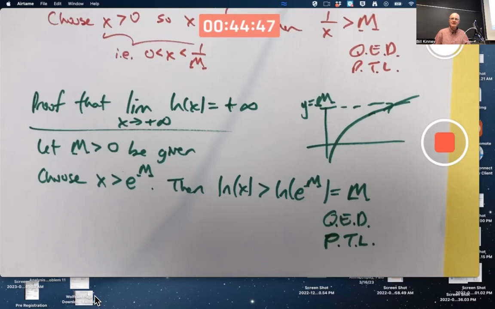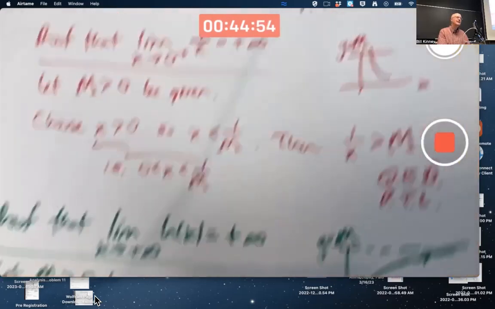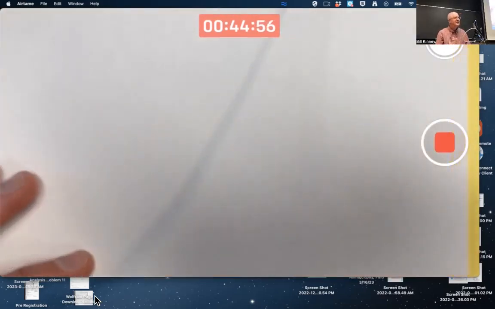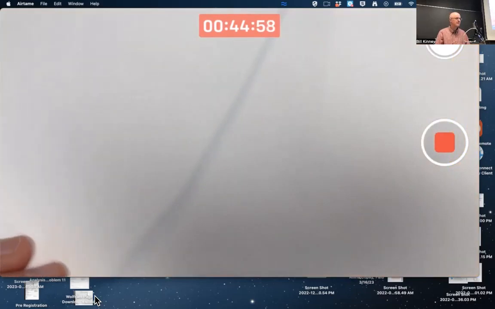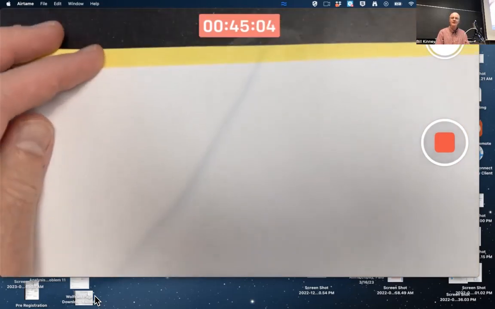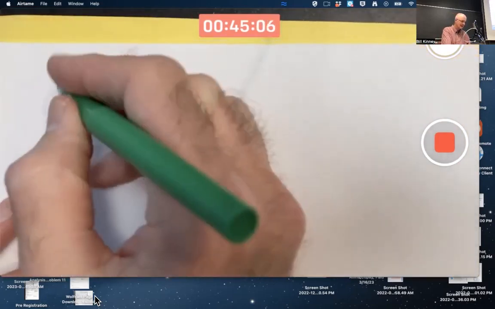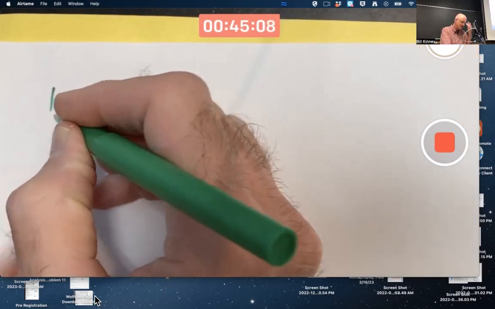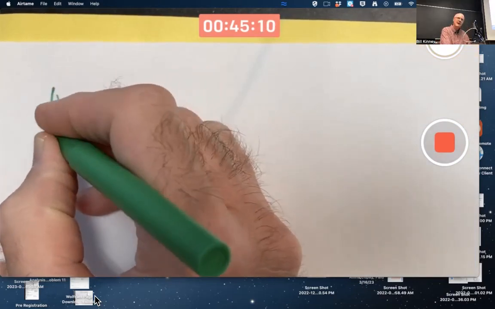This is leading us to one more kind of example where I'm going to do a proof. This one's a bit trickier, though the limit itself is an easier limit. Should we do the example from last time? What was it?